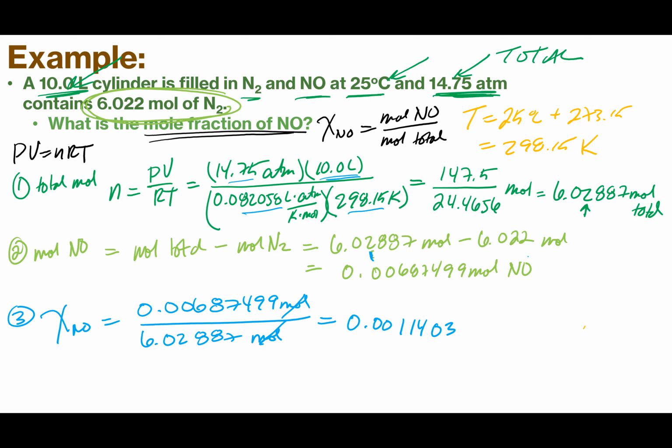This is 3 decimal places, so this should be 2 decimal places, which is 1 significant figure. Oh, it's 1 significant figure. That's why. So this should be 1 significant figure, which gets rounded to 0.001. There it is. All right. Sorry about that.